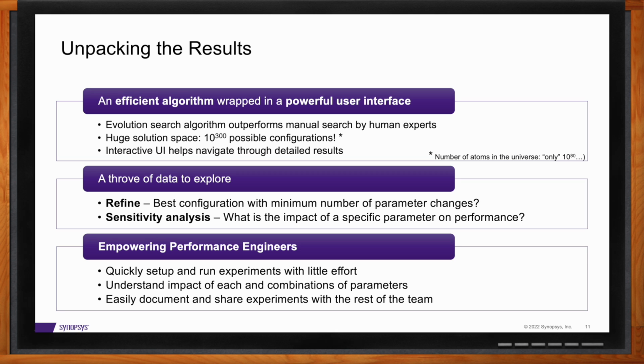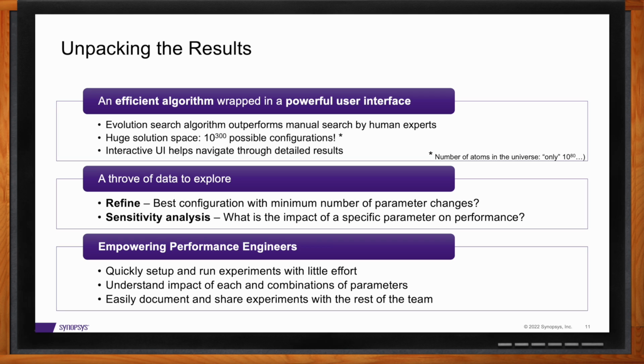What this tool helps you do is rerun the experiment, now trying to minimize the number of parameters that need to be changed to achieve the same or similar level of performance. So you may go from 100 parameters down to less than a dozen, and still achieve the same level of performance. There's a feature in this software that allows you to do that.